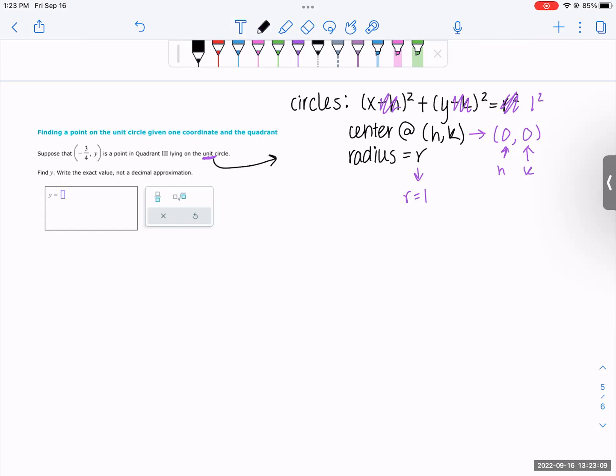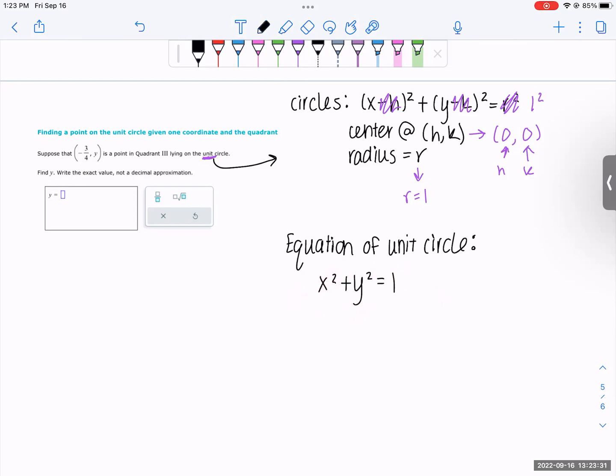So the equation of the unit circle is x squared plus y squared is equal to 1. Any point on the unit circle will obey this equation.